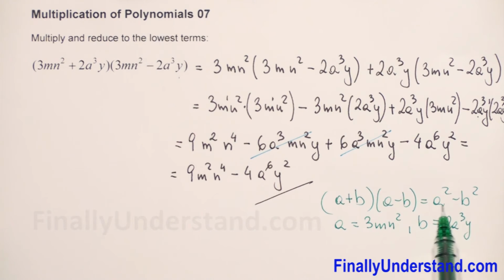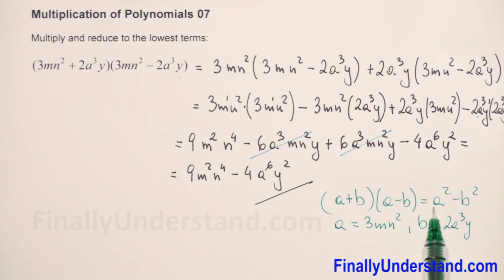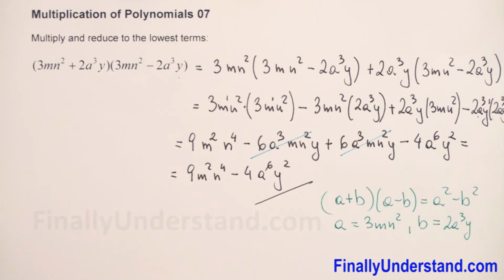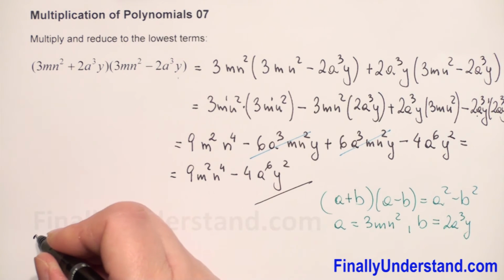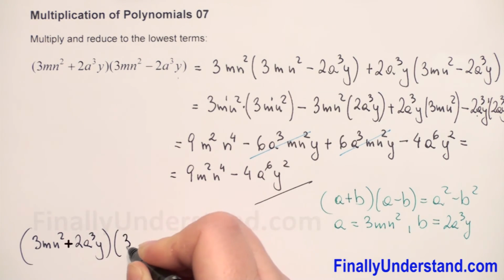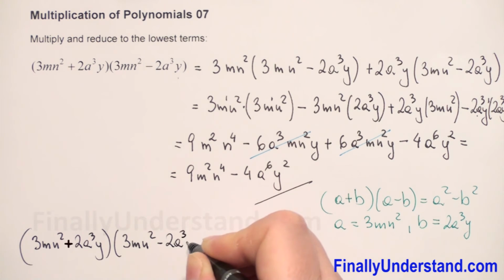So now we can use just this formula. This whole expression is equal to these two terms. We have to take to the second power the first expression and the second, and the sign between these two expressions is negative. So let me copy again our example. We have 3mn squared plus 2a cubed y times 3mn squared minus 2a cubed y.